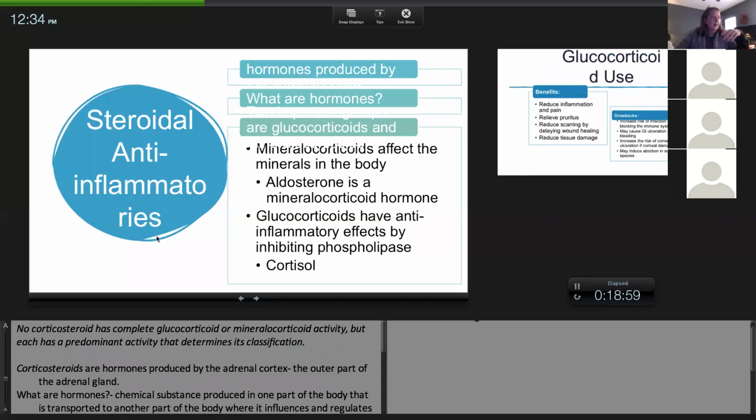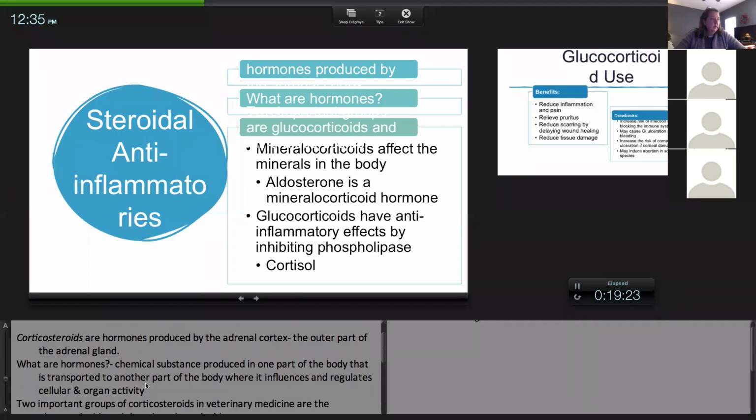The first group is the steroidal anti-inflammatories. And these are hormones produced by, remember we talked about the adrenal cortex, the outer part of the adrenal gland. Remember, the adrenal gland is a cortex and a medulla, one gland, two parts. The cortex produces hormones, the medulla produces hormones. The cortex produces a group of drugs called the glucocorticoids.